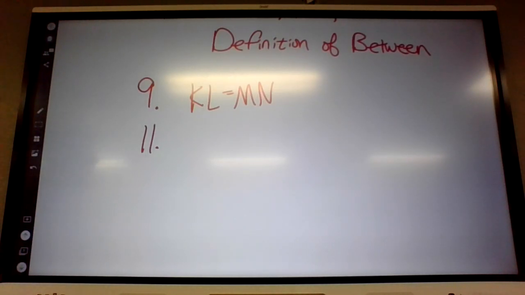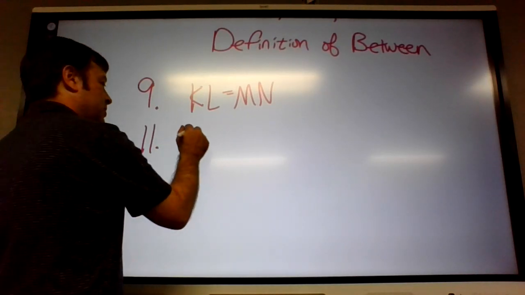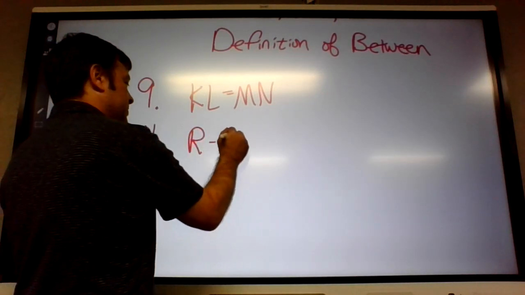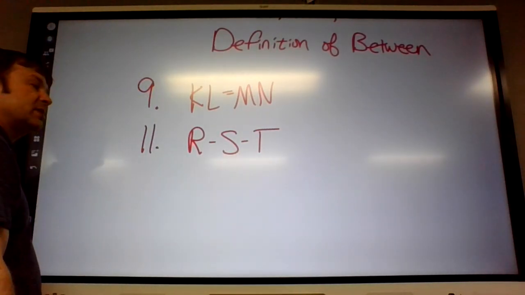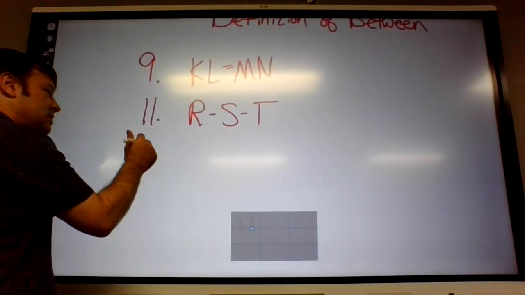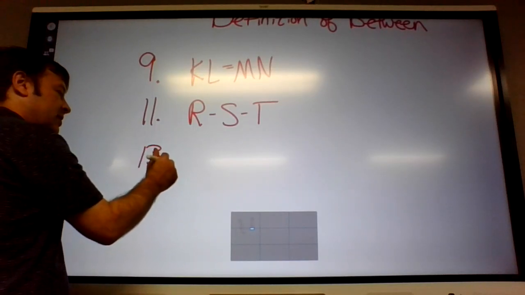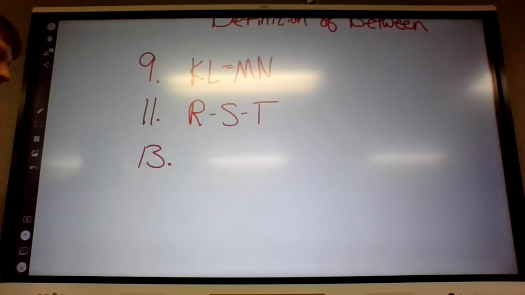So you can say S is between R and T, or you can just use their notation, which they write this way. That just means S is between R and T. When they say between, they mean directly between, like on the line.